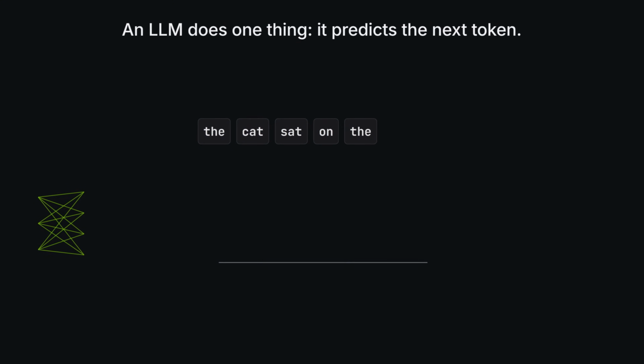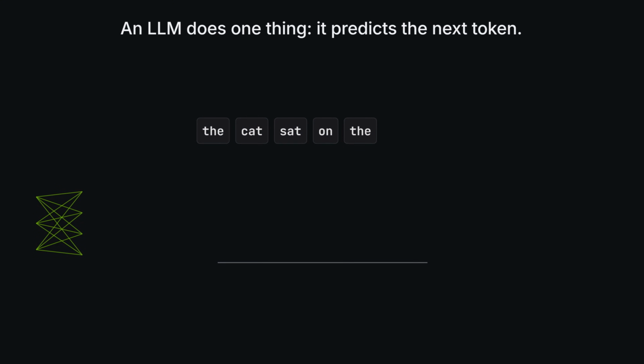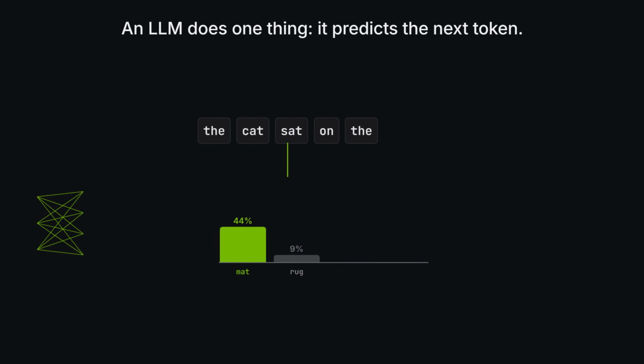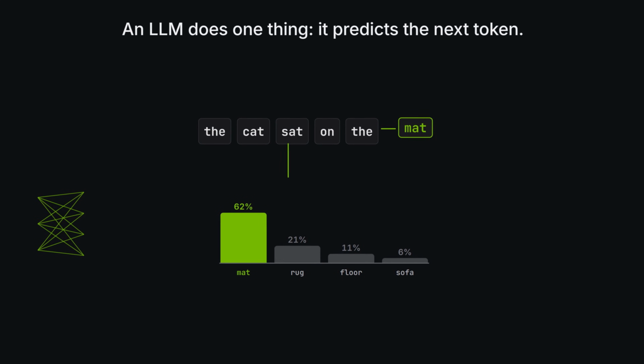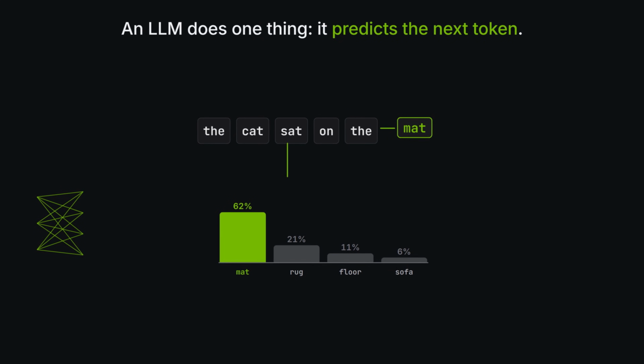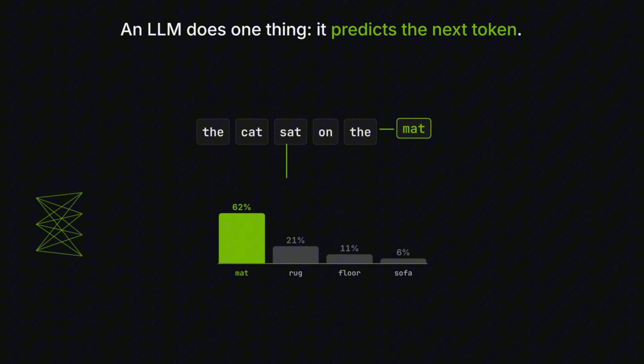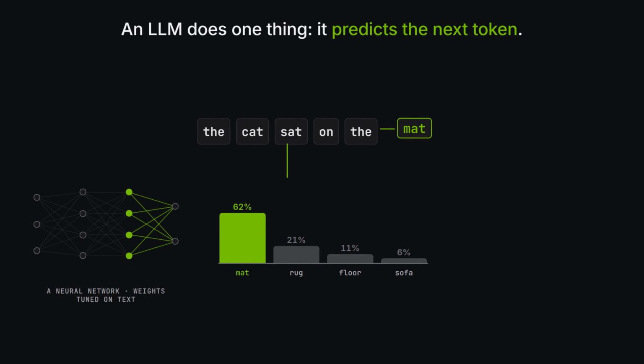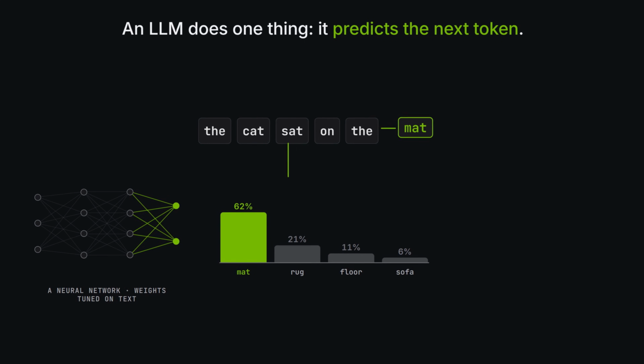Imagine you type the sentence, "The cat sat on the," into a chat box, and the model instantly suggests mat. That single act, predicting the next piece of text from everything that came before it, is the entire job of a large language model. An LLM is a neural network, meaning a large stack of numeric layers whose internal weights were tuned on enormous amounts of text.